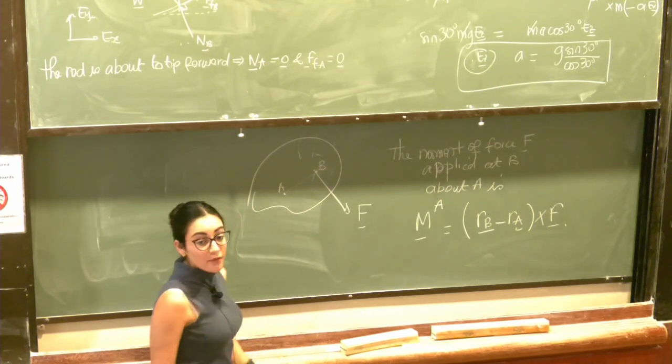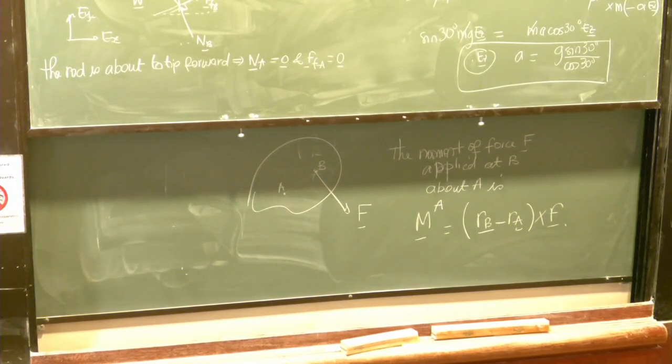RB minus RA cross F. We need to know this. We should have known this from high school, if not statics.